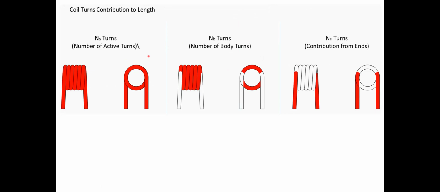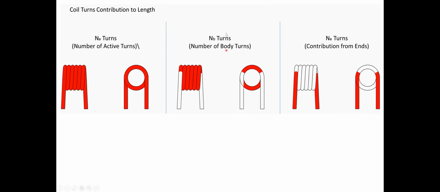So what are the terms? The coil turns' contribution to length. The NA represents the number of active coils. The red color represents the turns that we have to count. So the NA, the number of active coils, is shown in red.